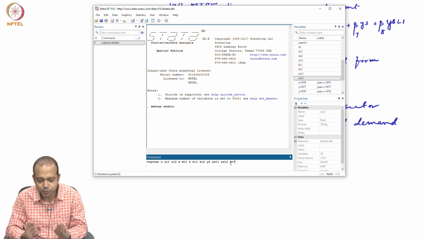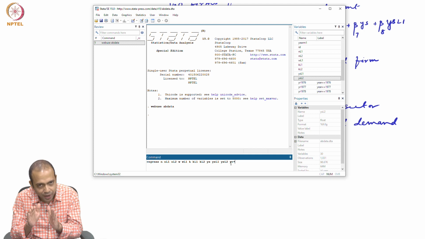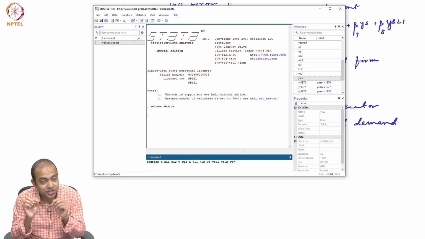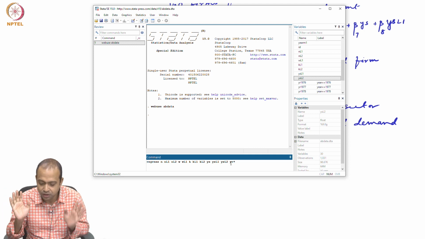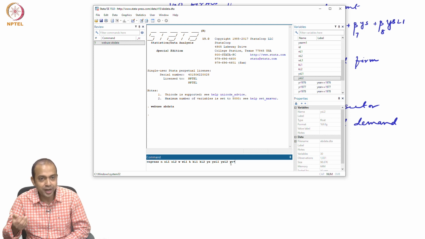Okay. This is purely a simple OLS model applying here, ignoring the fact that there is dynamism in the system. Why are we doing this? We are trying to understand the consequence of applying OLS when your model is dynamic in nature.